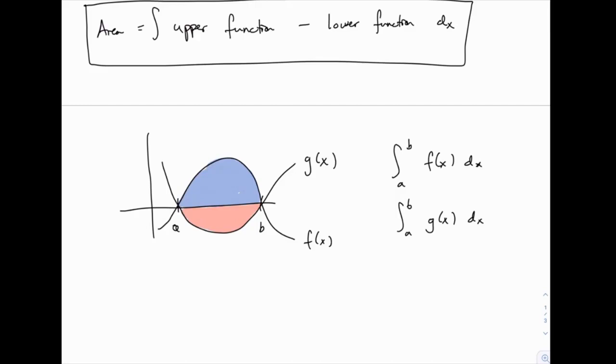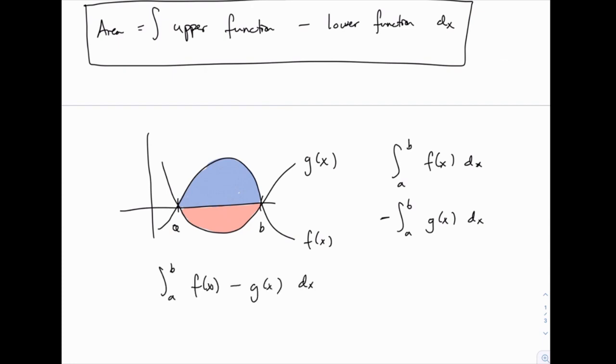So really the area underneath the x-axis, if we want the positive version of that, we would need to make this negative. Because when we calculate the integral, we'll get a negative number. So the opposite of that would be the positive area. So when you add those two together, it really turns into the integral of f of x minus g of x again.